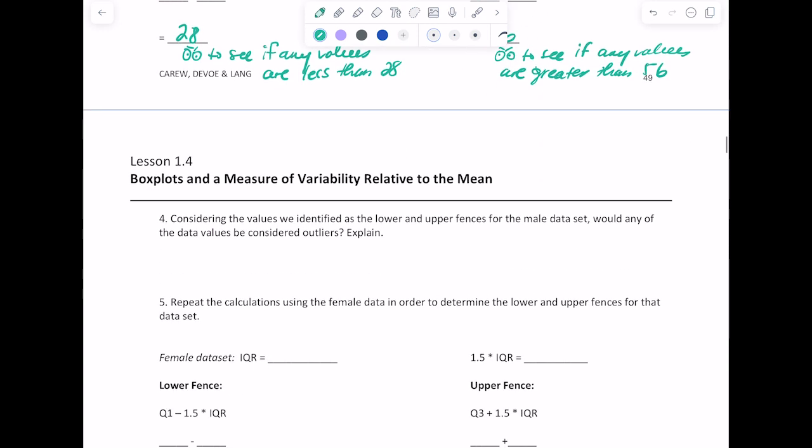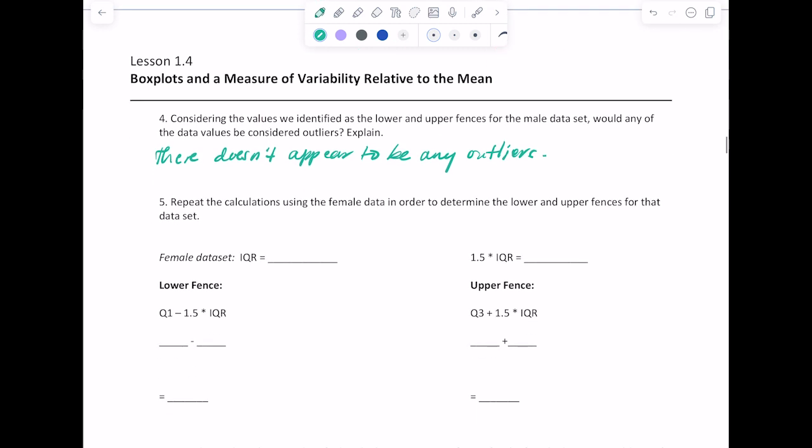And there's not, right? So it does not appear that there are any outliers. Okay, we're going to do the same thing for the females this time.